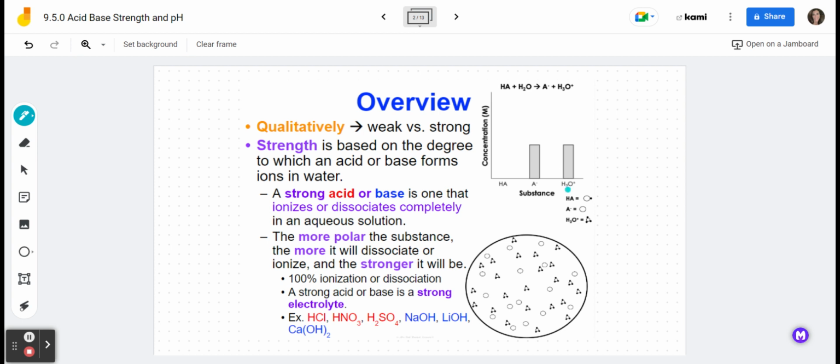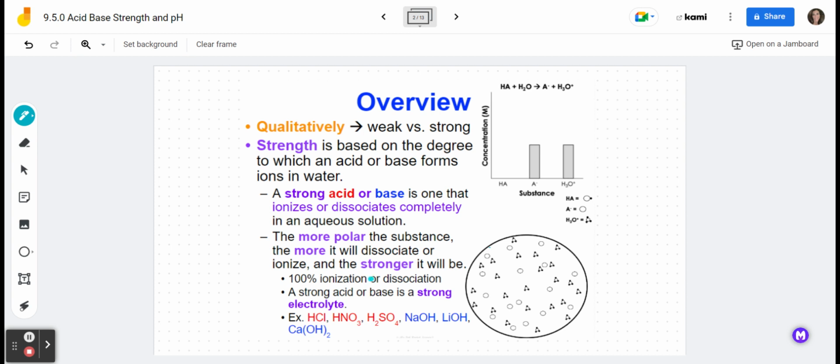Down here, that original acid, HA, is completely gone; you don't see any of it. So it was all broken apart, all dissociated. So you make lots and lots of ions, and then it's considered a strong acid or base. Lots of H pluses will give you a very strong acid. Lots of OH minuses will give you a strong base.